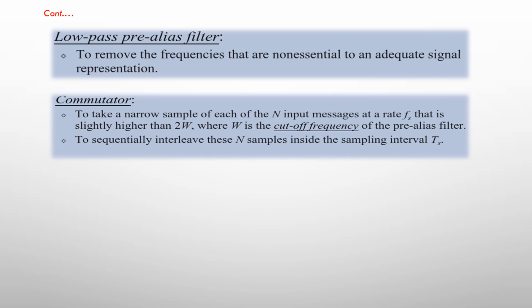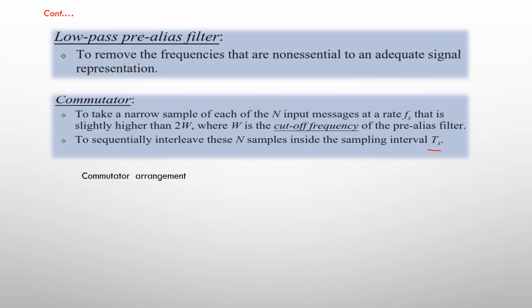The first one is to take narrow samples of each of the n input messages at a rate fs that is slightly higher than 2W, where W is the cutoff frequency of the pre-alias filter, and the second one is to sequentially interleave these n samples inside the sampling interval Ts.